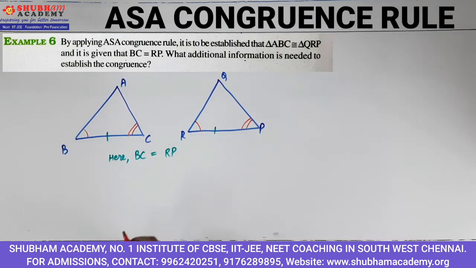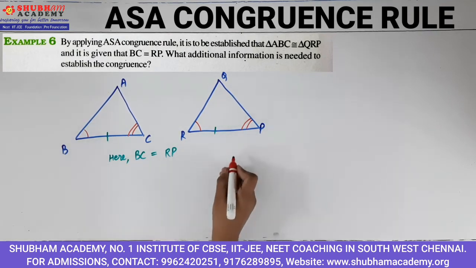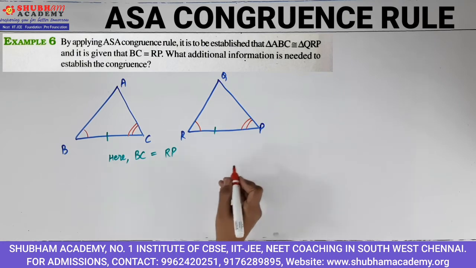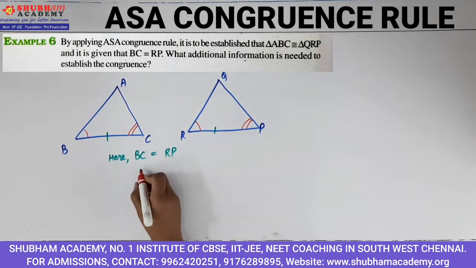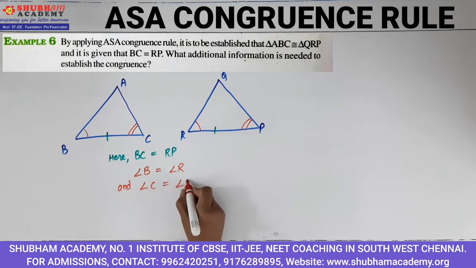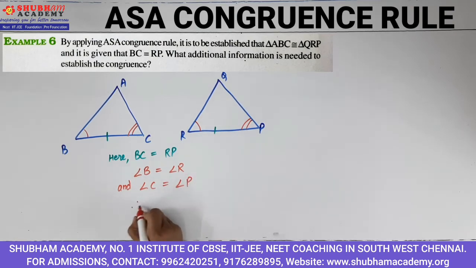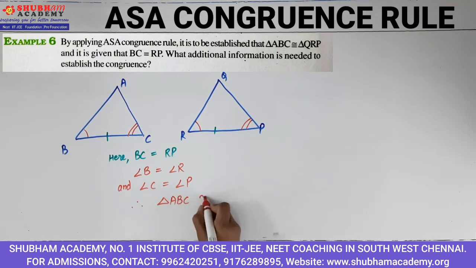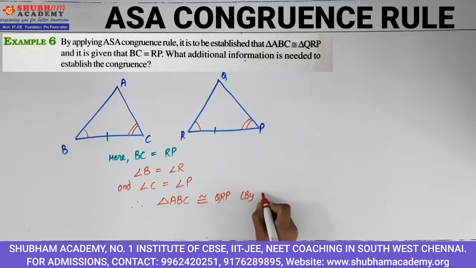So the additional information required here for triangle ABC to be congruent with triangle QRP under ASA congruence rule is that angle B should be equal to angle R, and angle C is equal to angle P. Therefore, we can write triangle ABC is congruent to triangle QRP by ASA congruence rule.